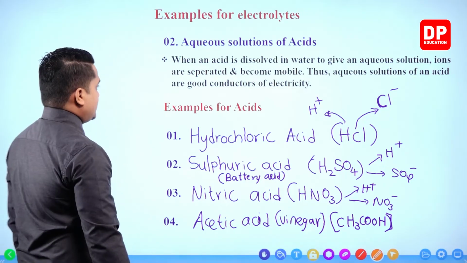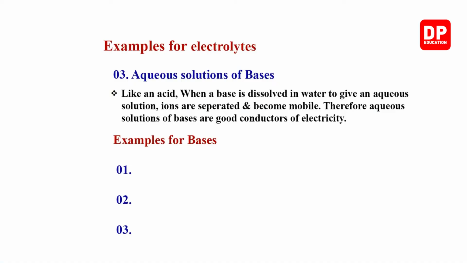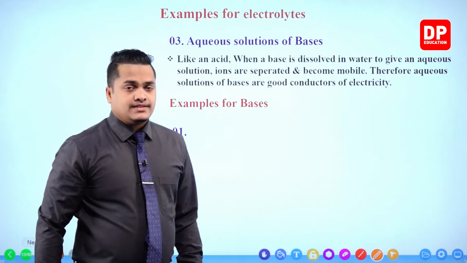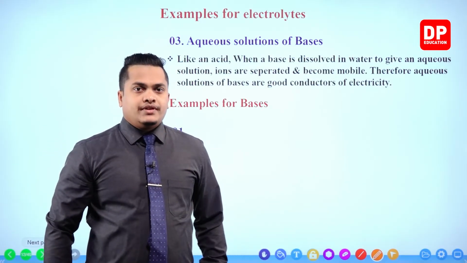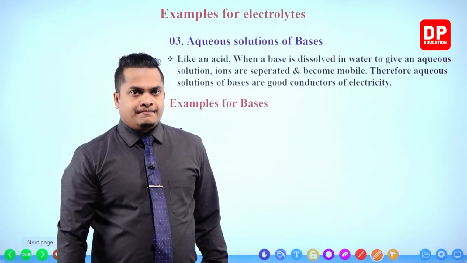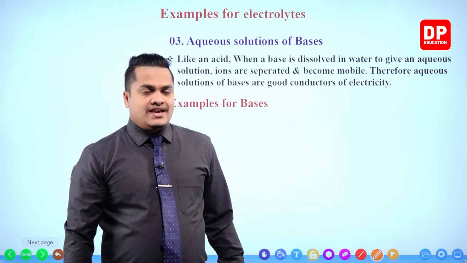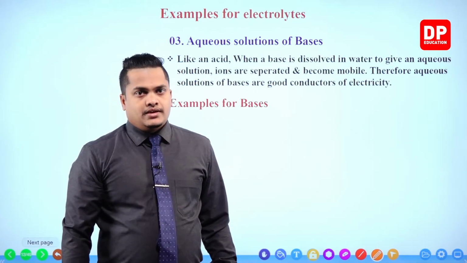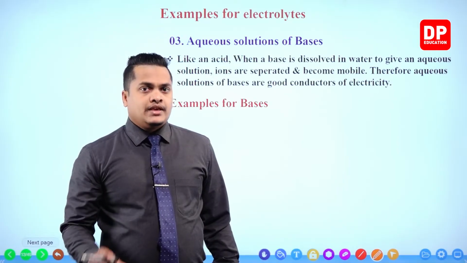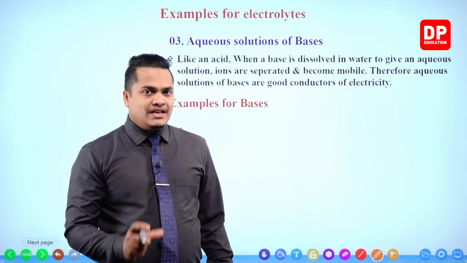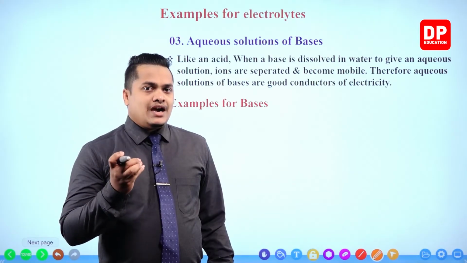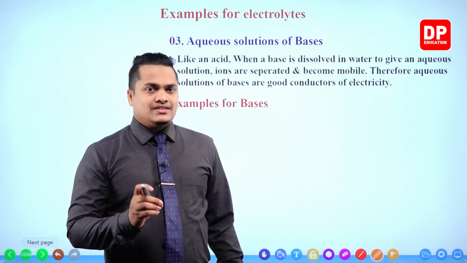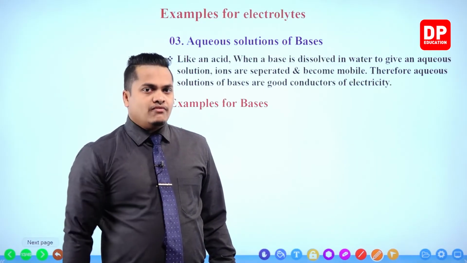Right then, let's head on to see the third type, my dear children. Aqueous solutions of bases. Like in acids, aqueous solutions of bases are also conducting electricity. These solutions will have the ability to conduct electricity because ions are getting separated within the solution when a base is dissolved within water.